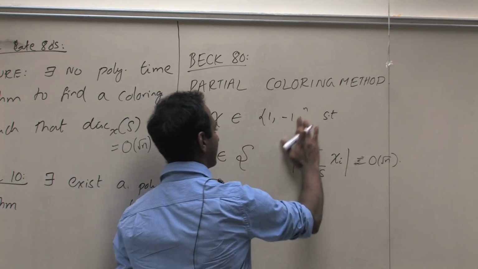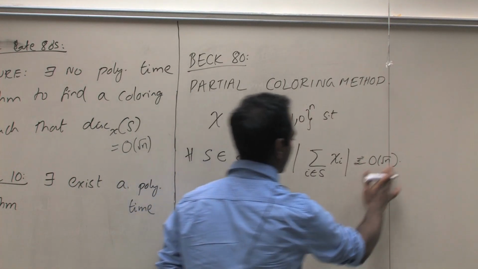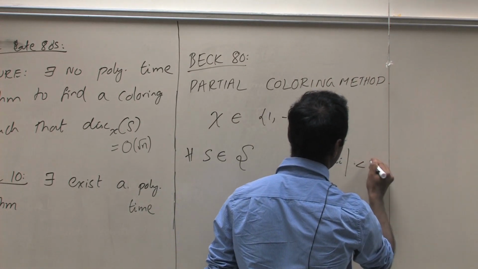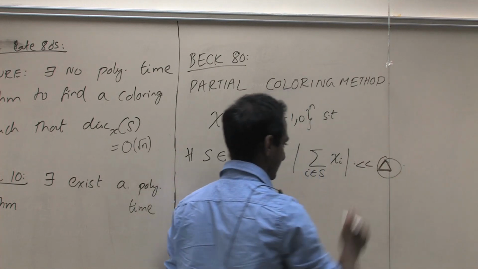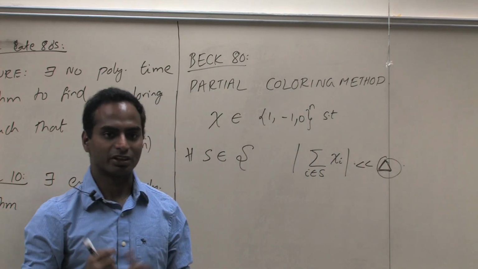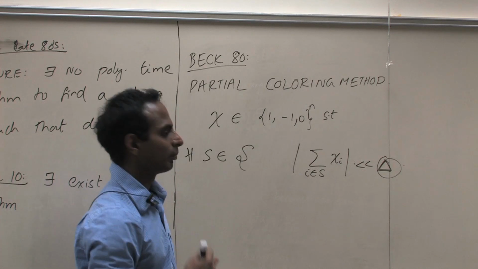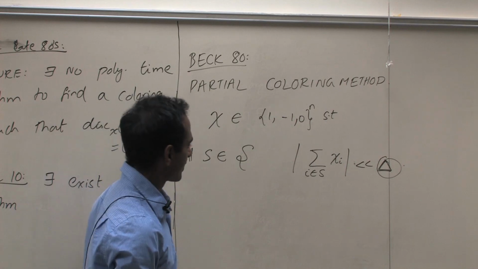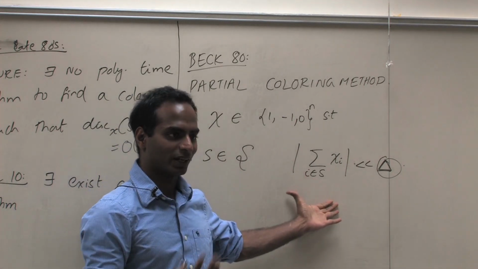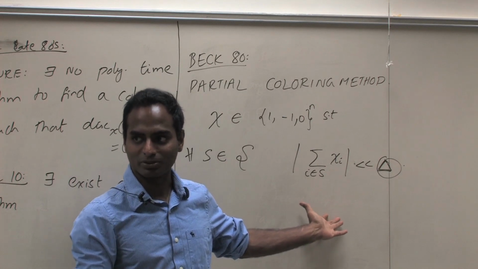Let's try and find something where it is 0. Let's say you're shooting for a bound, let's call it delta. Delta will change, so that's what you're trying to beat. And he said, okay, let's just find a 1, -1, 0 coloring. Well, as stated, this problem is trivial. Why? All zeros. You can just take the all zeros vector.